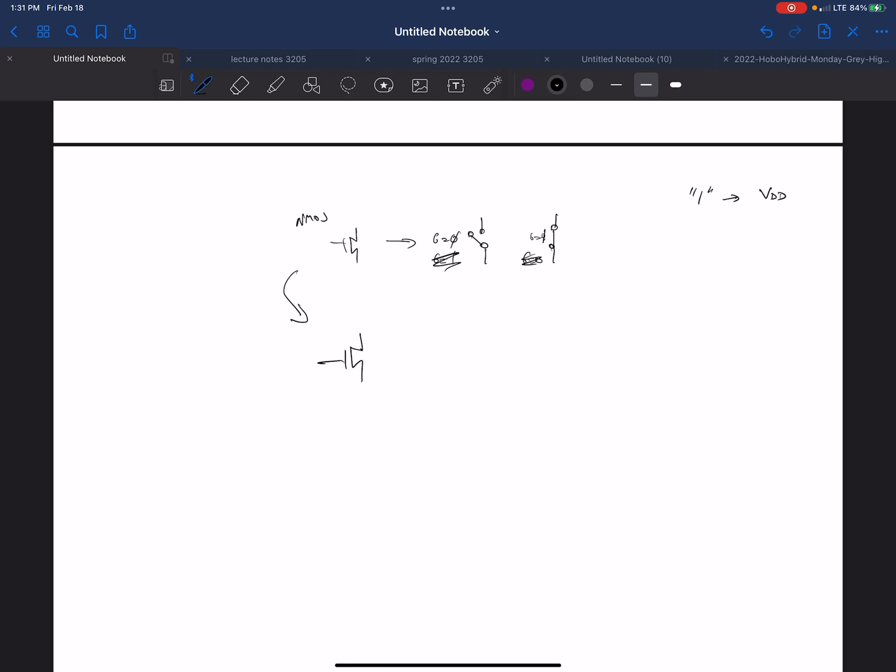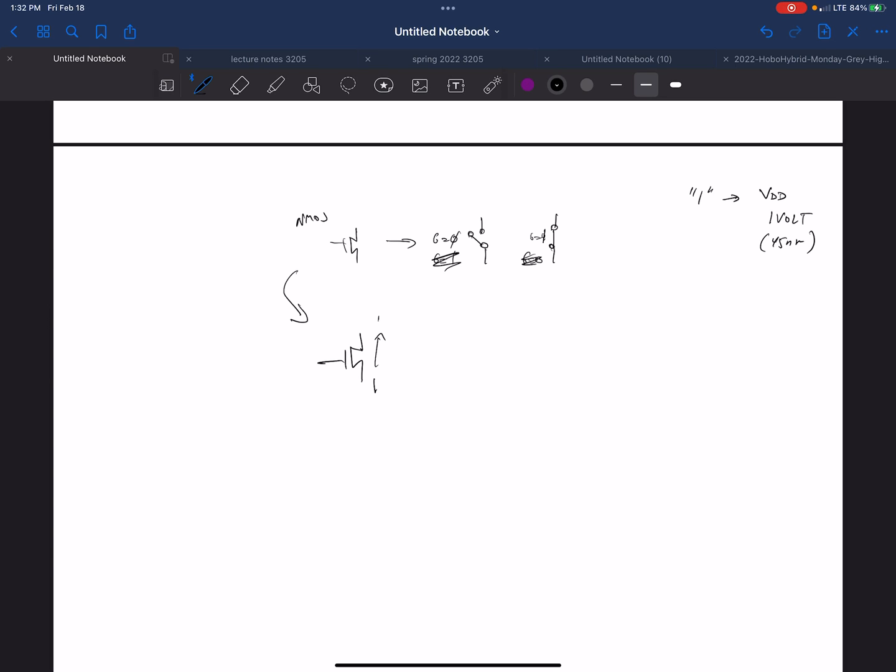In our case, for this class, we're probably going to be sitting at 1 volt because we're at the 45 nanometer or 40 nanometer node, okay? So it's 1 volt, a binary 1. If you're asking an NMOSFET to pass a 1 from this point to that point, you're asking it to do too much. It's not good at that.